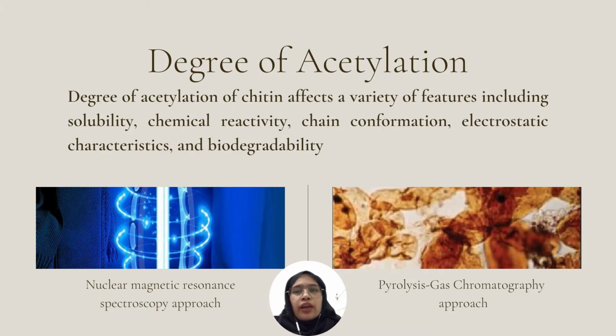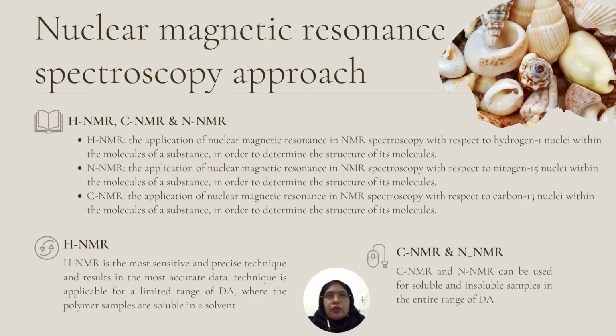There are several ways of testing the DA, but today I'm going to be specific on the nuclear magnetic resonance spectroscopy approach (NMR) and the pyrolysis gas chromatography approach (GC). For NMR, there are three types.